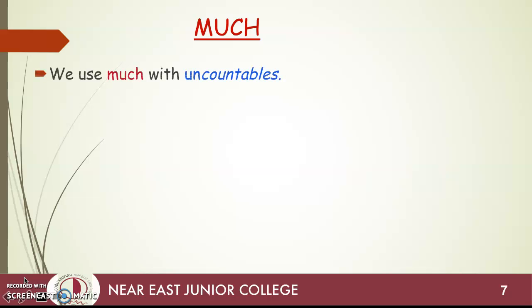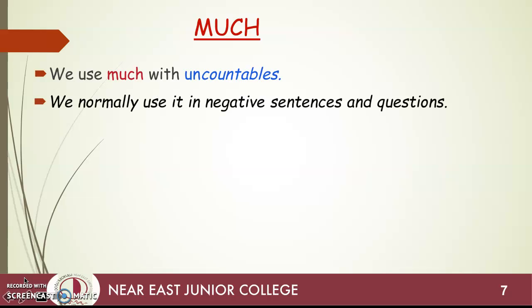Much. We use much with uncountables. We normally use it in negative sentences and questions. The first example. There isn't much water in the glass. This sentence is negative and water is uncountable.